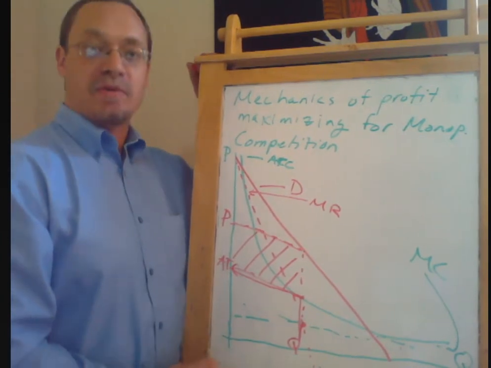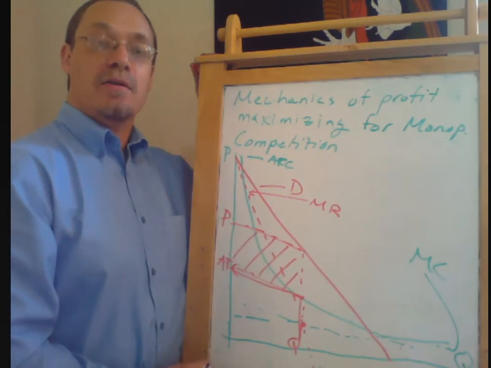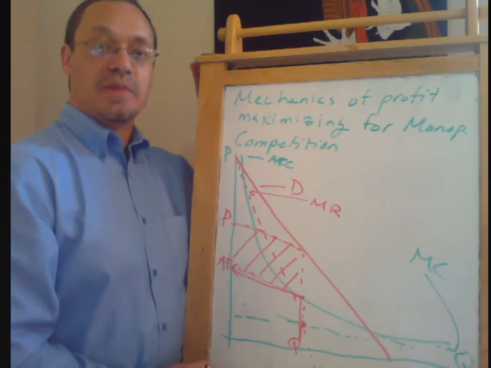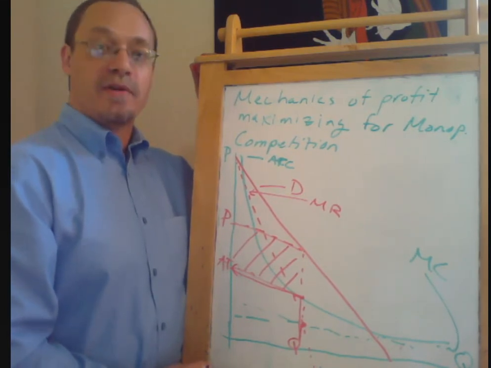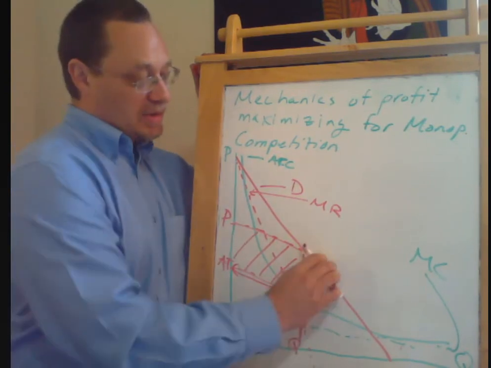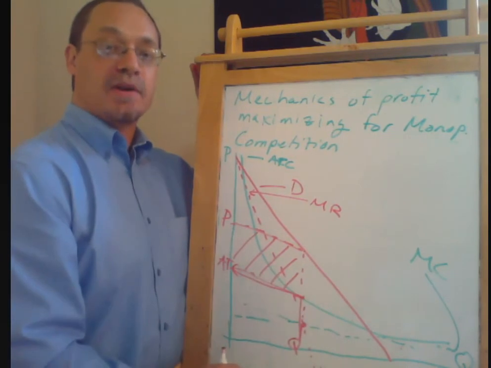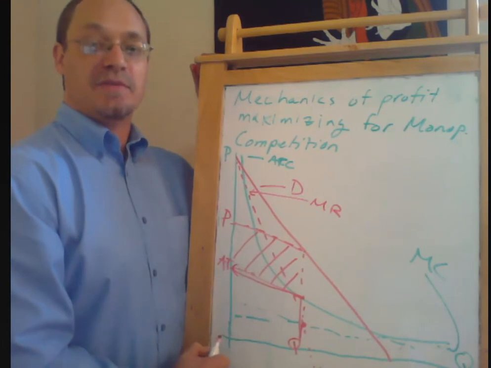Unfortunately, remember that in monopolistic competition, there are no barriers to entry, and other firms are going to be able to produce close substitutes. So when other firms come into the market, the demand curve is going to shift down because the availability of substitutes steals some of this firm's demand.